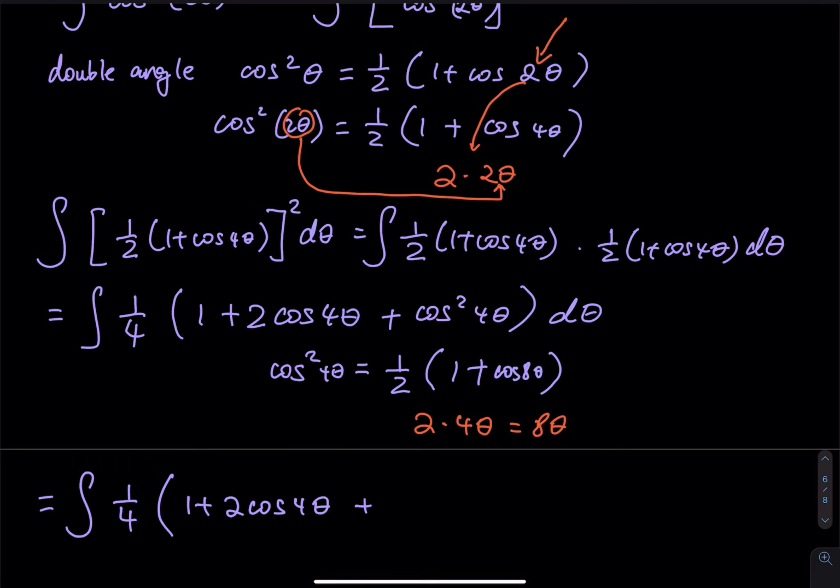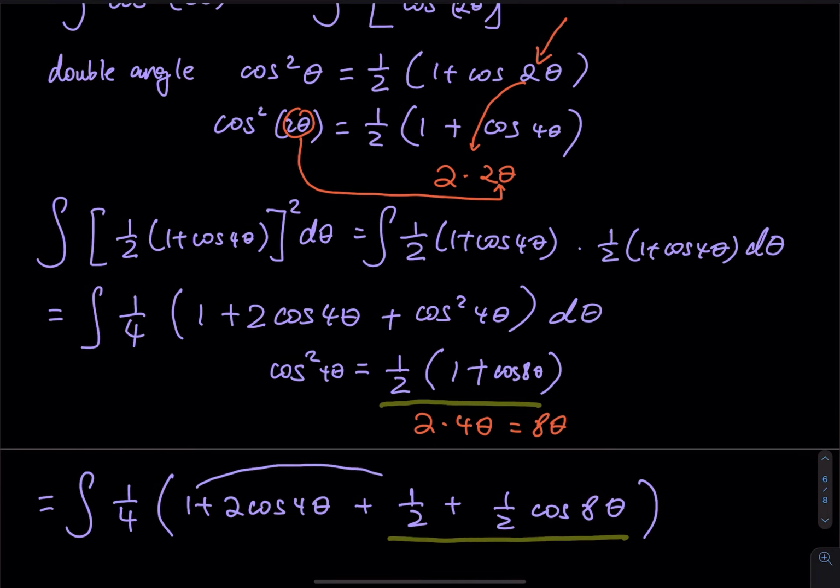All right, so that will be 1/2 plus 1/2 cosine of 8 theta, distribution. This piece goes right over here. Distribute the 1/2, and then you can see that you have a 1 plus 1/2.